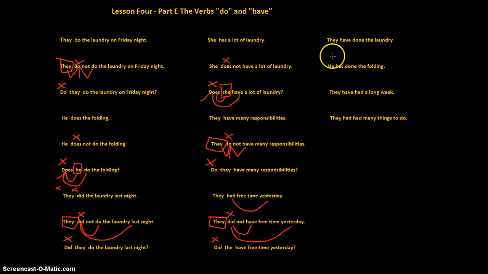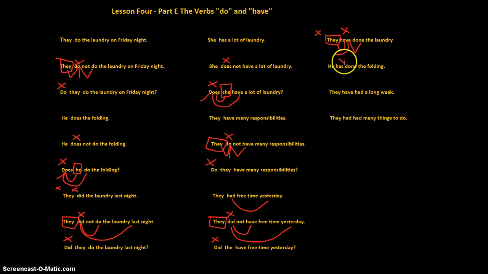Let's just take a look at these last few. They have done the laundry. The X word is have. Have they done the laundry? That makes they the subject. The X word have ties with the subject. The X word have ties with the present, and the X word have ties with the DTN form done.